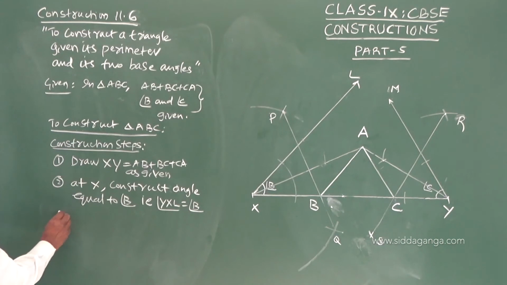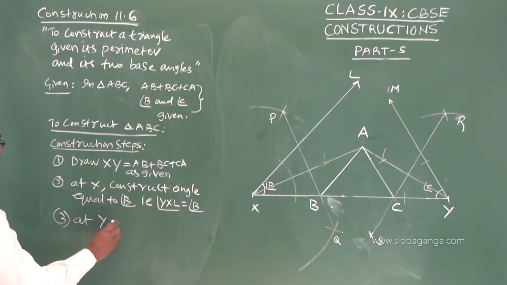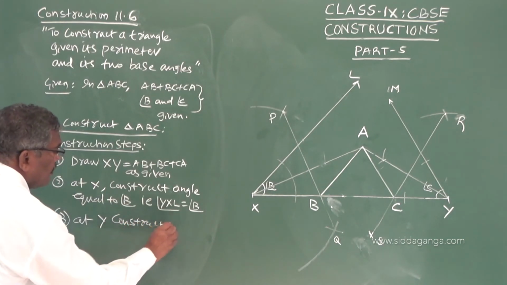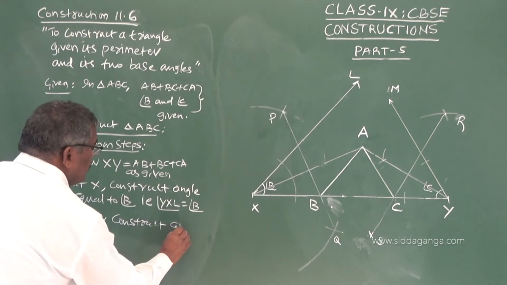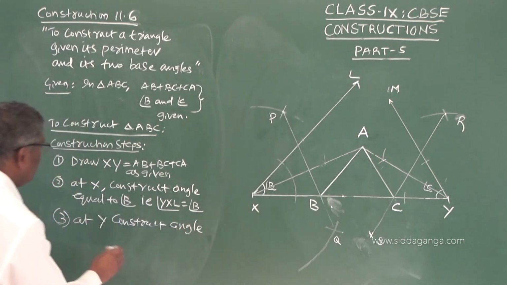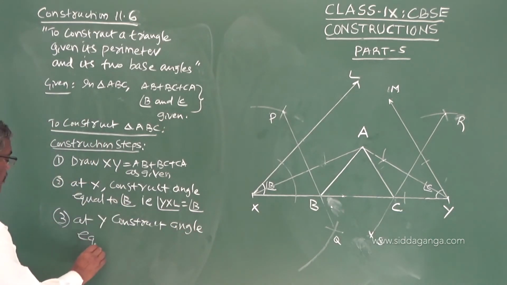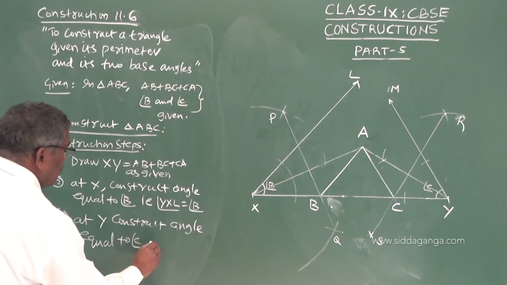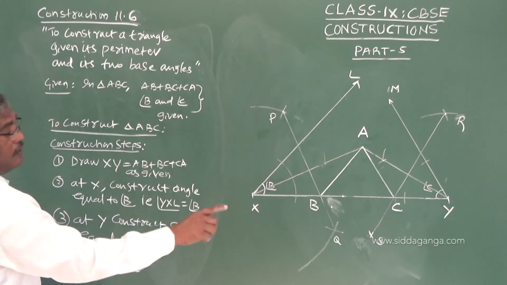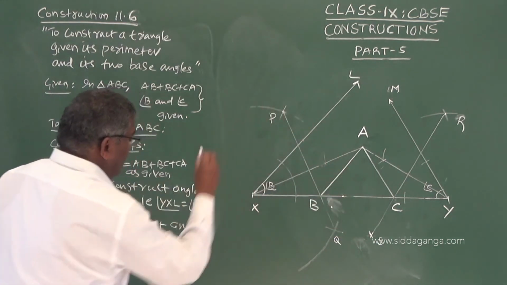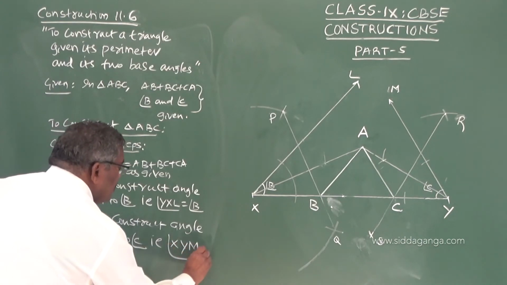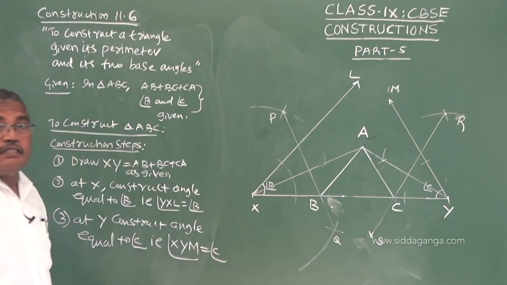Similarly, third, at Y construct angle equal to angle C. So that is angle XYM is equal to angle C as given.